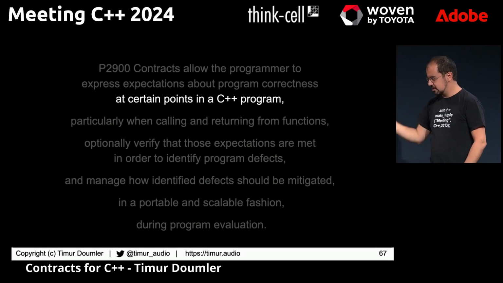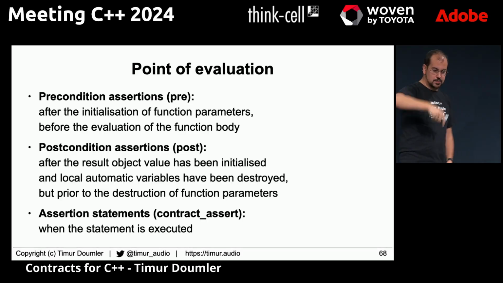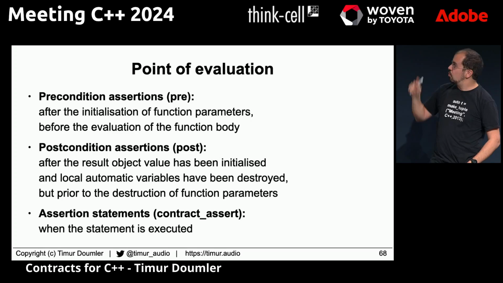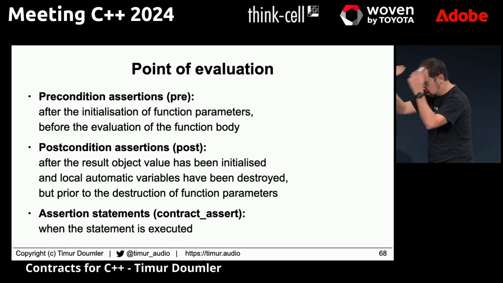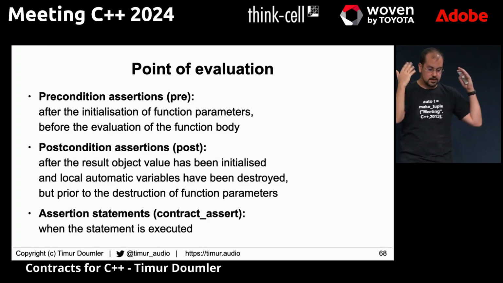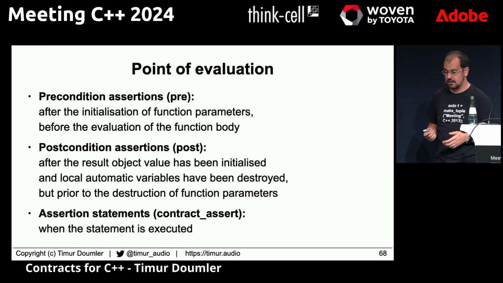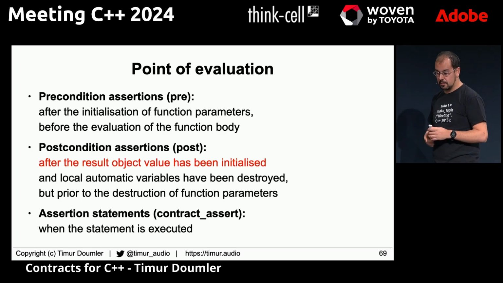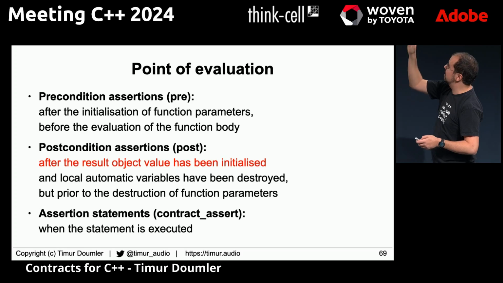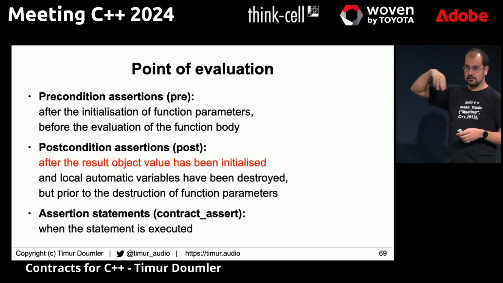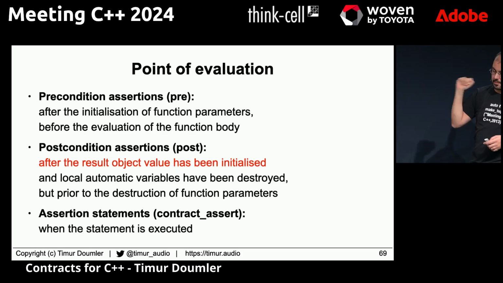So contract assertions are evaluated at a particular point in the program, and in the paper we have a specification for this, when exactly these things happen. Basically, a precondition is checked when the function is called. A postcondition is checked when the function returns. The assertion statement is just checked when you execute that statement. So there's no surprises there, except that there's this one interesting property here: postcondition assertions are evaluated after the result object value has been initialized and after local variables in the function have been destroyed, but before the function parameters have been destroyed.